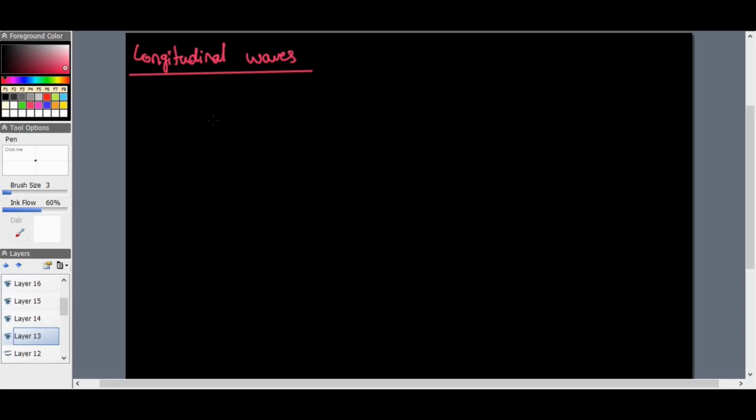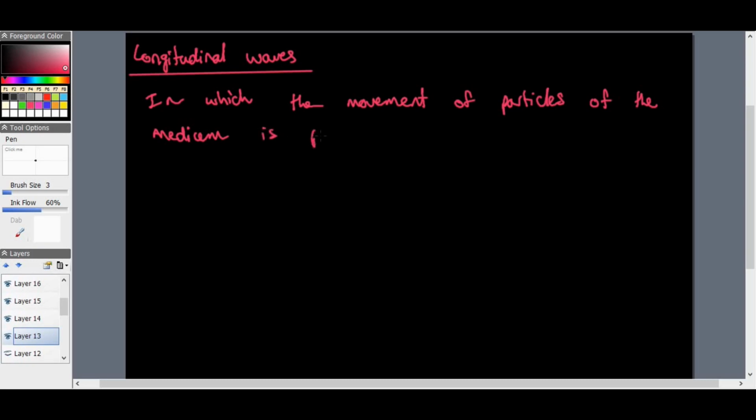A longitudinal wave is a wave in which the movement of particles of the medium is parallel, in other words forward and backward, to the direction in which the wave travels.